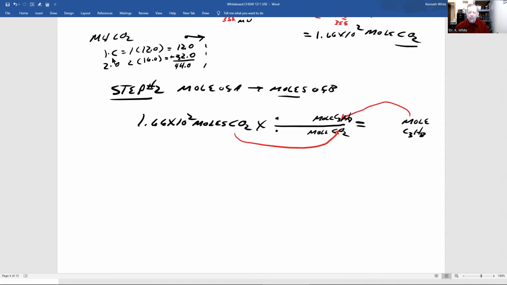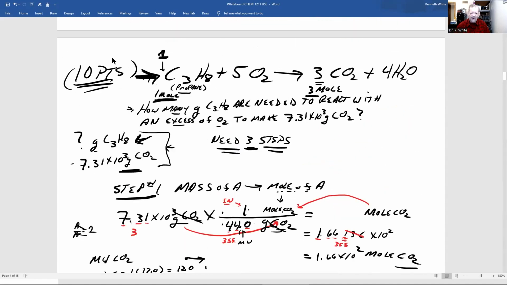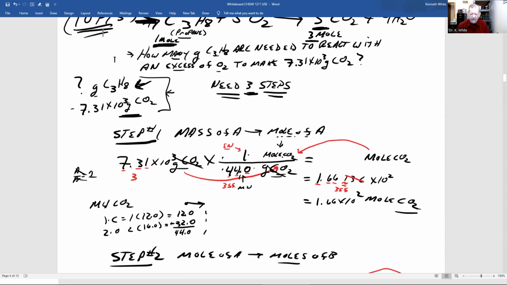So 1 mole of C3H8 makes 3 moles of CO2. And that's where we get these numbers from the coefficient of the balanced chemical equation. The propane number in moles of propane come from the coefficient 1. The carbon dioxide moles, CO2, comes from the coefficient of the balanced chemical equation, 3.